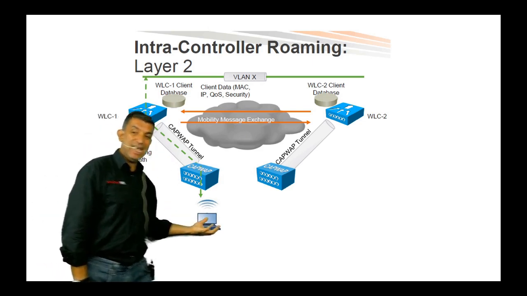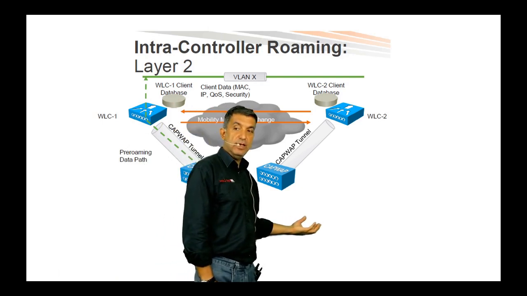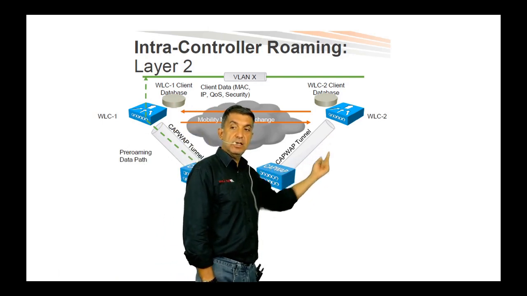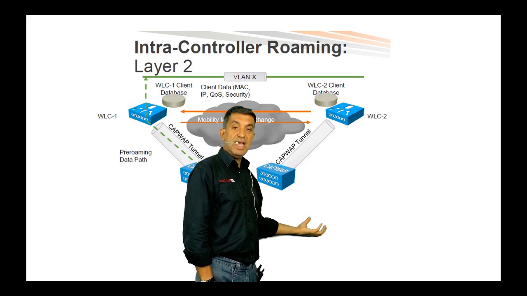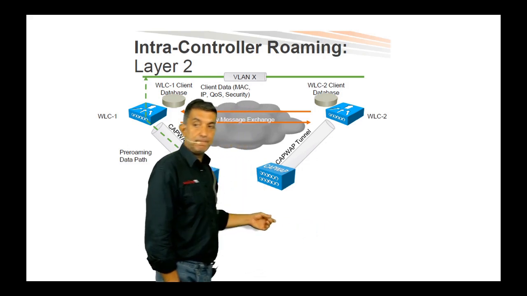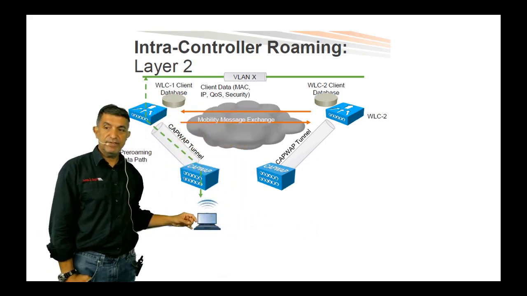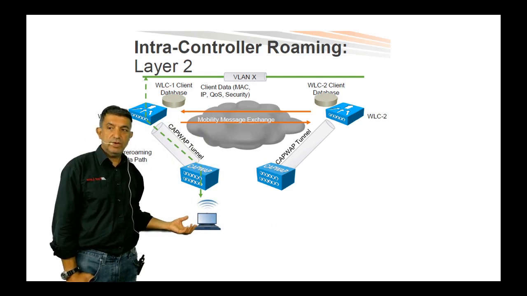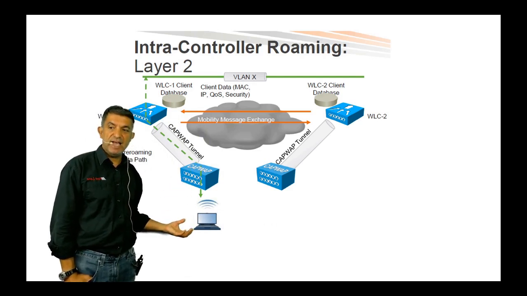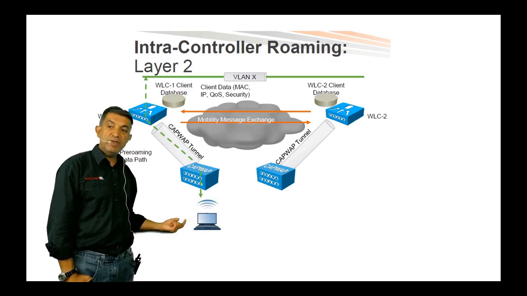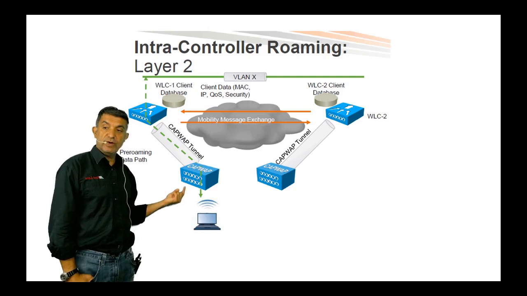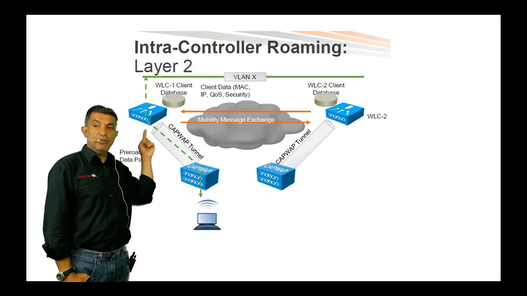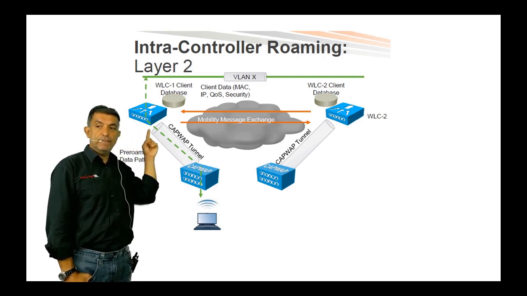And when the client moves to the next controller, the client keeps its IP address, and the connection of the client to the destination, for example the internet or the file server, before the roaming goes through that controller.